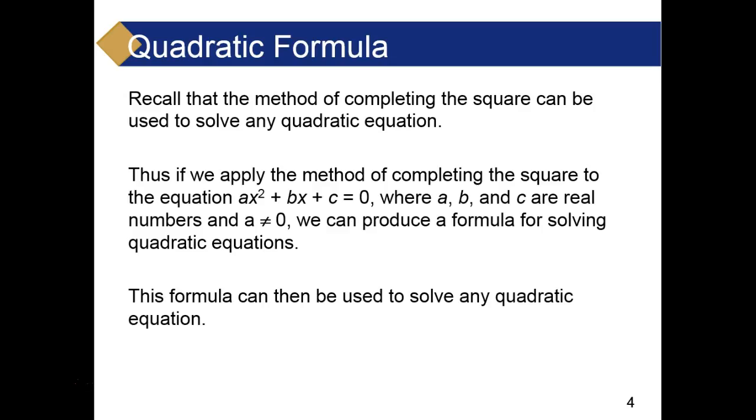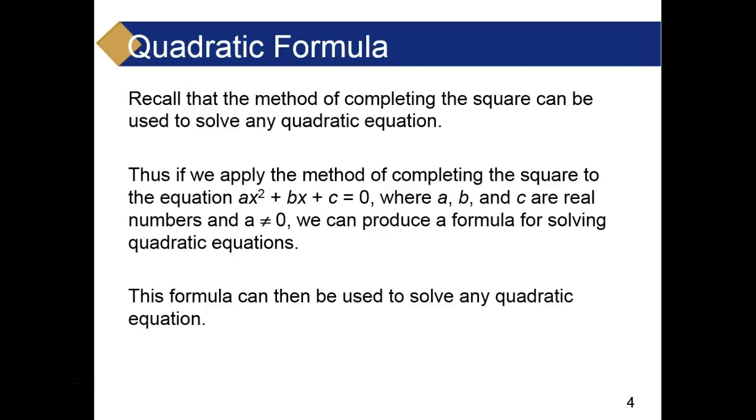Now remember I said that 61, that was the last exercise in the 6.3 section on page 315. But recall that the method of completing the square can be used to solve any quadratic equation, whether it has a real solution, a rational solution, or a complex solution. It doesn't matter, it'll find the solution.